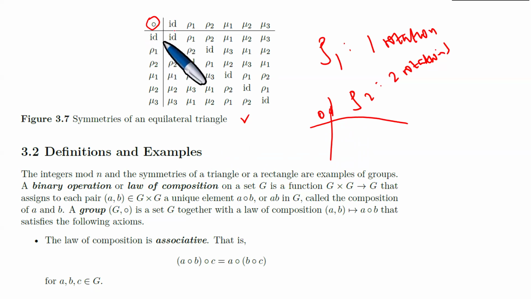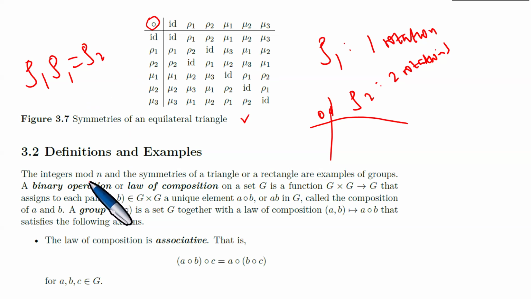The identity does not change anything, so identity with mu3 does not change anything. But now check this very carefully. Mu1 with identity is mu1, and row 1 with row 1 is row 2. So if you do row 1 twice, it is row 2.